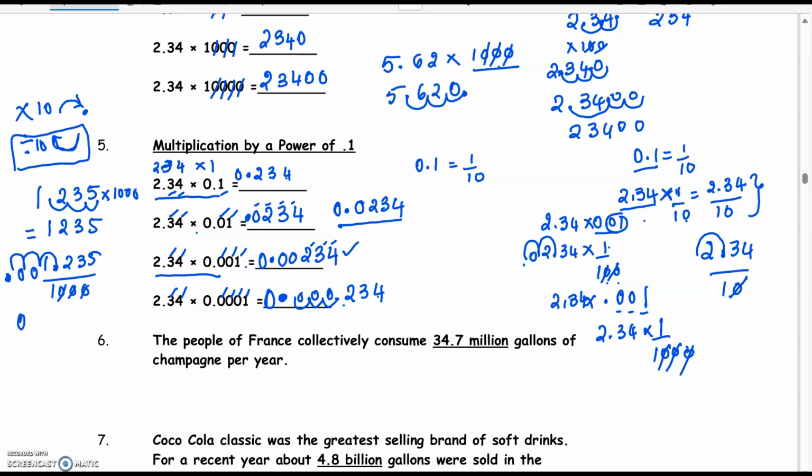So the final answer is 0.001235. So remember this rule, memorize it. You'll need it in other classes. So multiplying by a power of 10 is shifting the decimal point to the right by a certain number of places. Dividing by a power of 10 is shifting the decimal point to the left by a certain number of places.